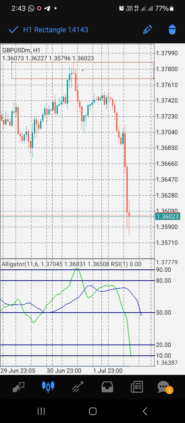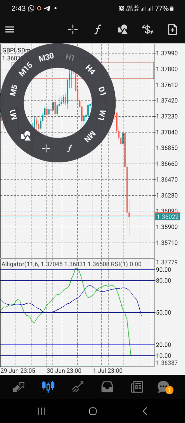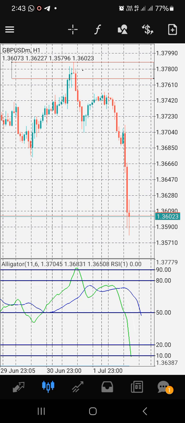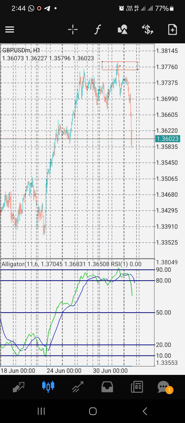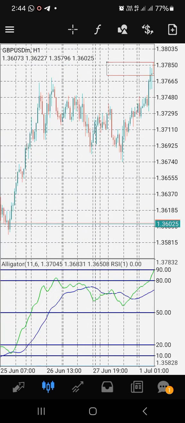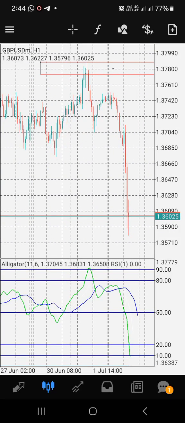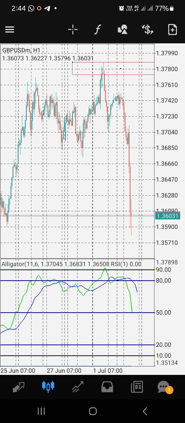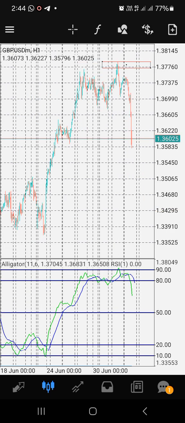This order block, let's keep adjusting it till it's clean. It's not matching, so let's expand it again. Okay, you can see. So that is just to note that zone. It must not be 100% perfect.